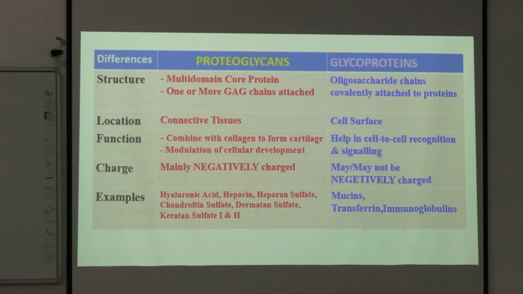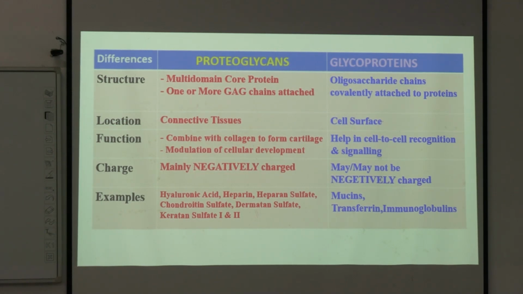Examples of proteoglycans are basically all the GAGs; the types you must remember are hyaluronic acid, heparan sulfate, chondroitin sulfate, dermatan sulfate, and keratan sulfate. There are 2 types of keratan sulfate, type 1 and type 2. Examples of glycoproteins are transferrin, which I think there is a question on in iron absorption, and immunoglobulins.